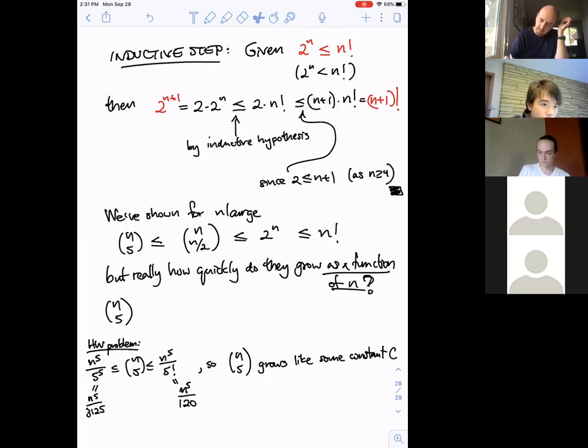Now, I'm going to write it like this: grows like c times n to the 5th for some constant c.